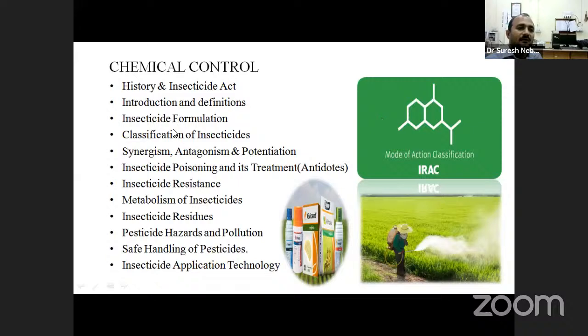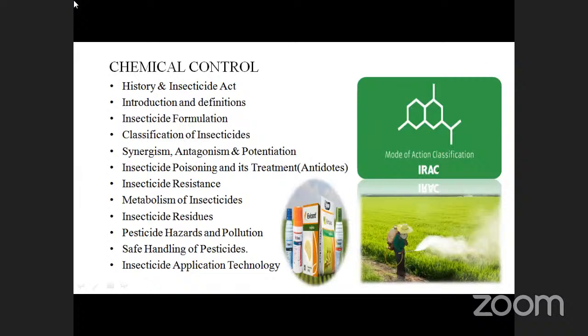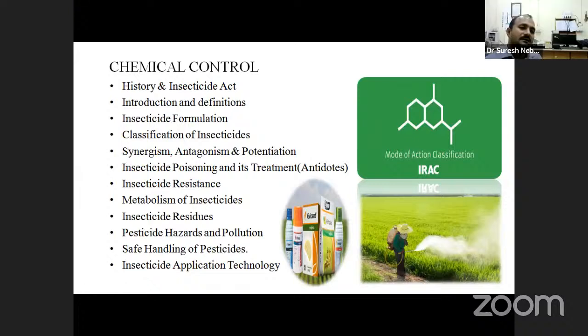Insecticide formulations: I have tried to include some slides, and I will be giving some PDF files also, which you have to go through. First, you have to understand why we formulate insecticides. Then, what are the components of an insecticide formulation?